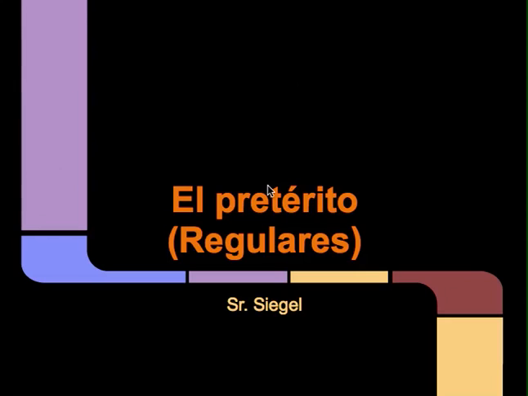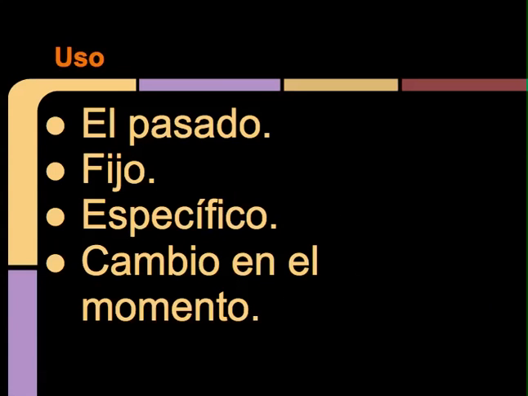It's important to first acknowledge when we use the preterite, and secondly, how we conjugate it. So let's start with the uses, el uso del pretérito. The preterite, in contrast to the present, is the past tense.